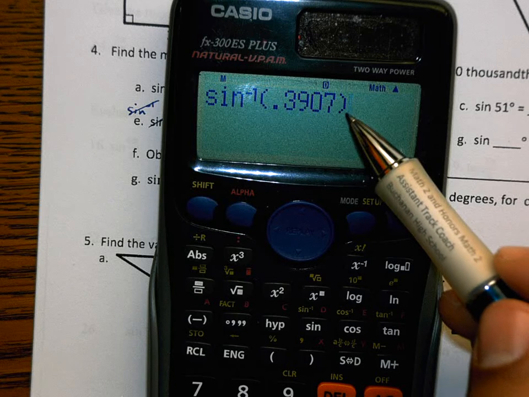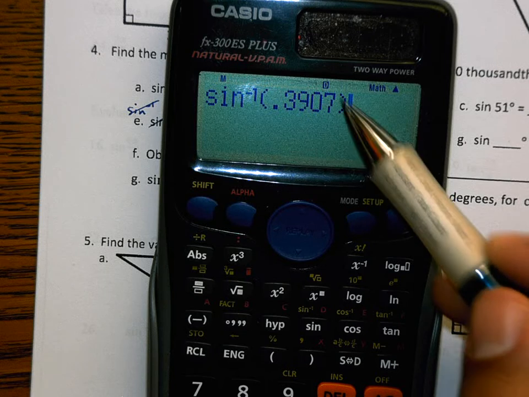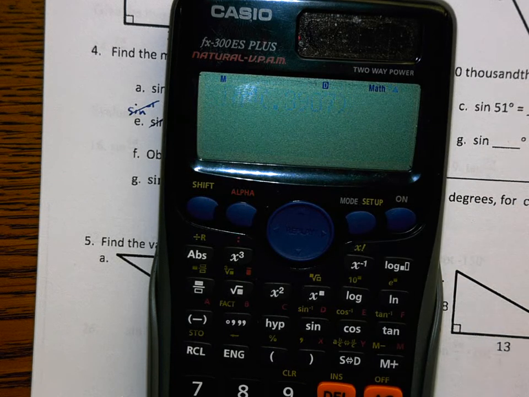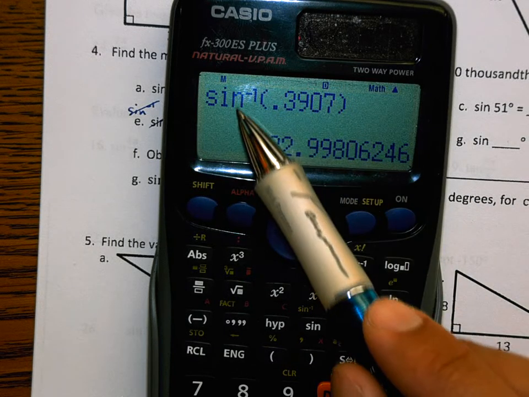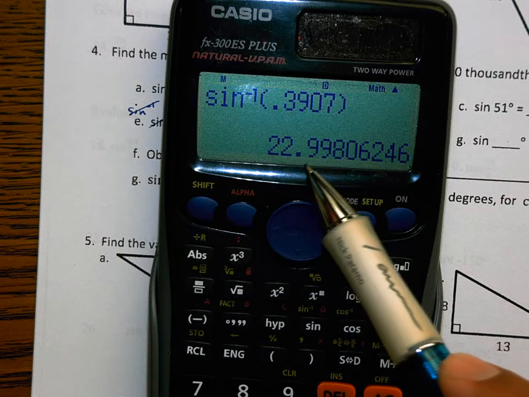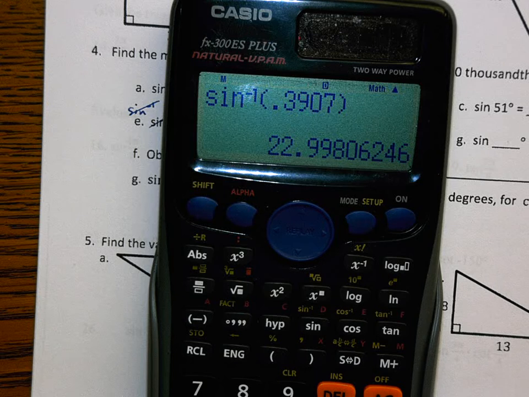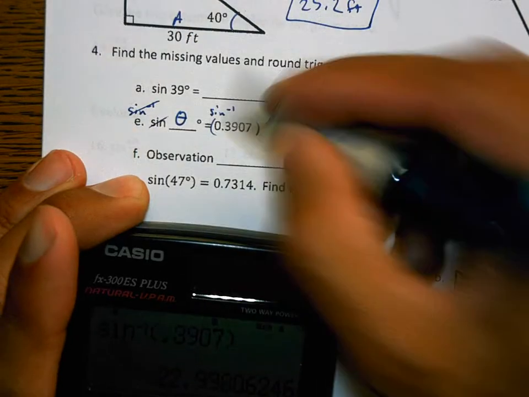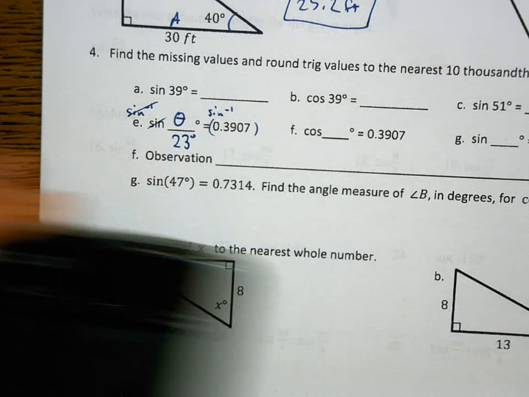And then some calculators, you better put this end of parenthesis there. Some calculators, the Casios, I think let you get away without putting it there. It's saying what angle has a sine ratio. The angle is 22.998 degrees. That's going to round. What's the nearest degree, the nearest whole number? This is rounding to 23 degrees.